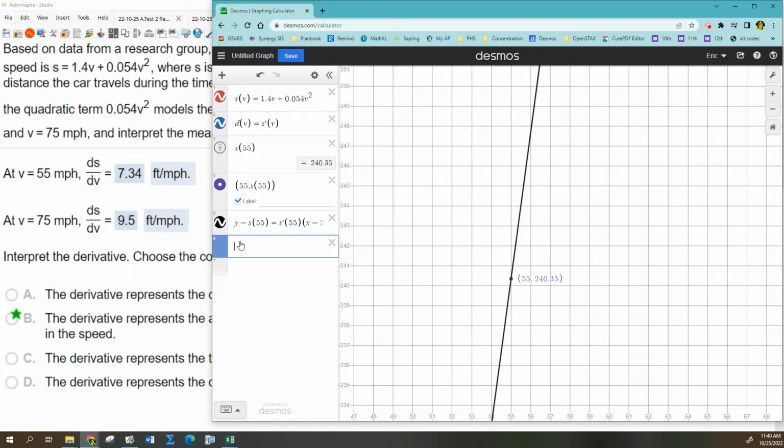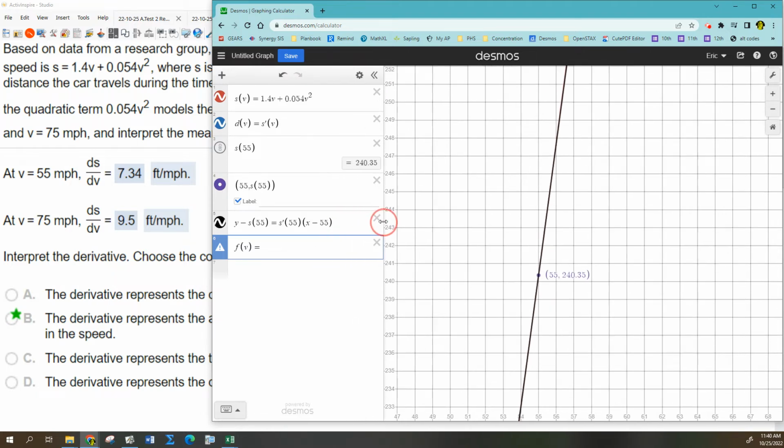So I think I can do this. What if I call this f of v equals, and then I'm just going to put in point slope form here, right? So it's going to be s prime. You see what I'm doing here? I'm just trying to come up with a function for that tangent line.